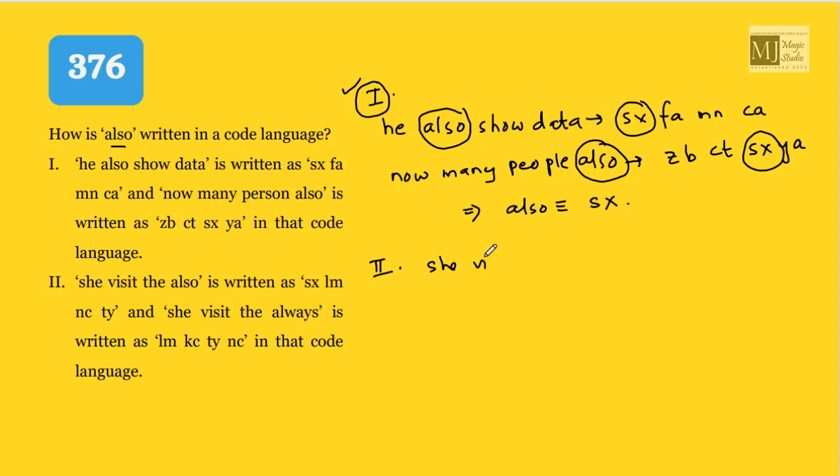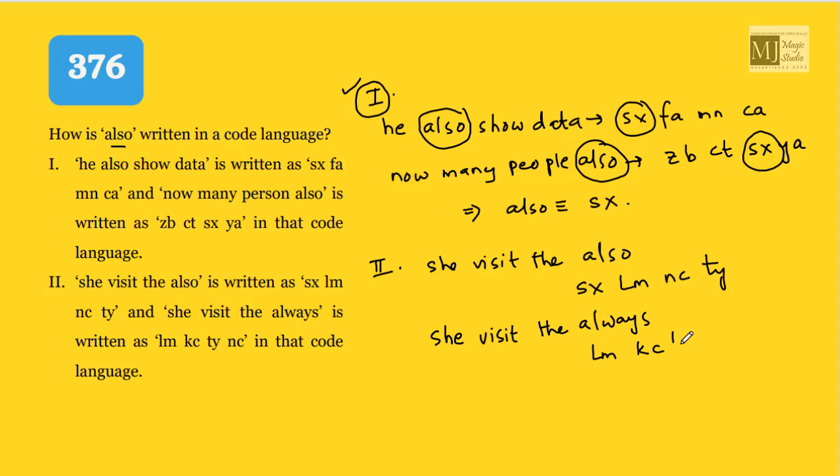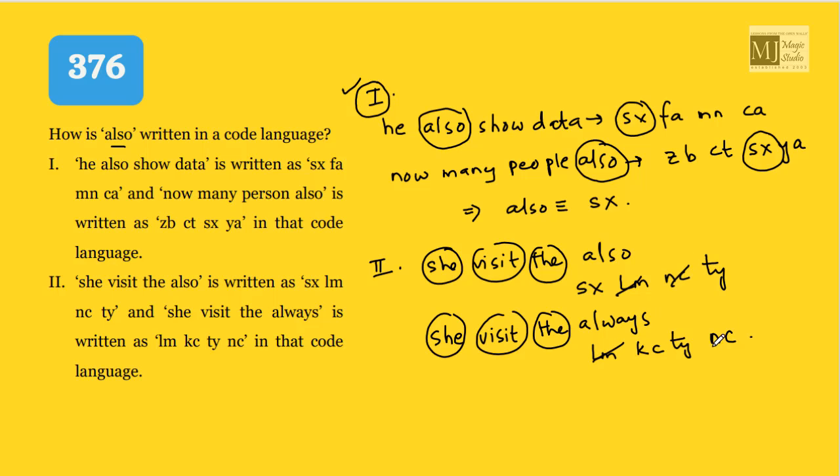She visit. I can see that "she" is common, "visit" is common, "the" is common, and LM is common, NC is common, TY is common. That means "also" stands for Sx.